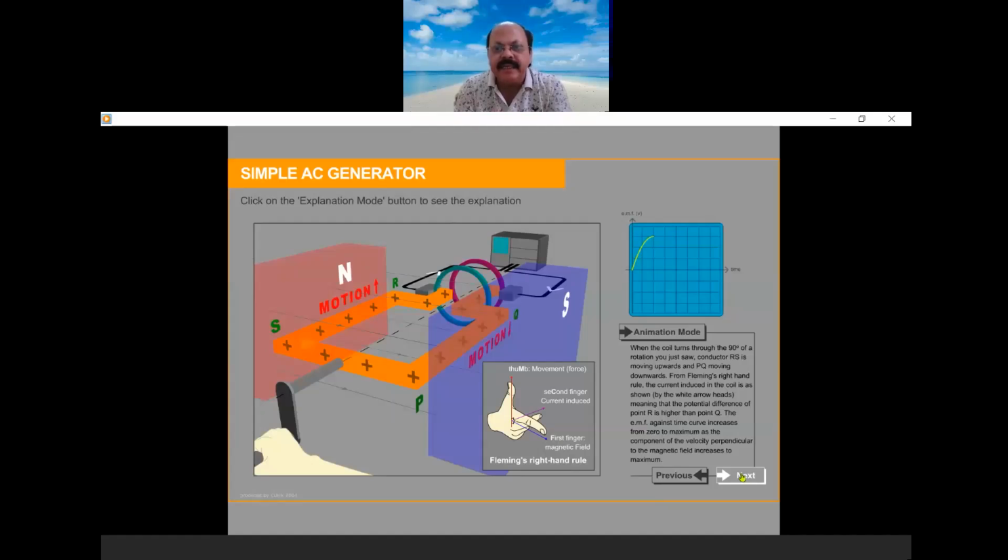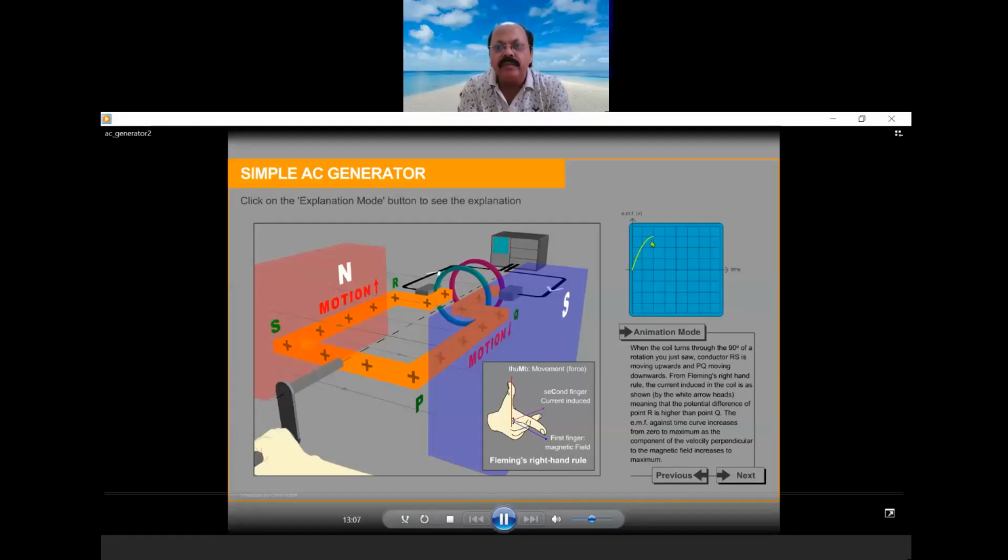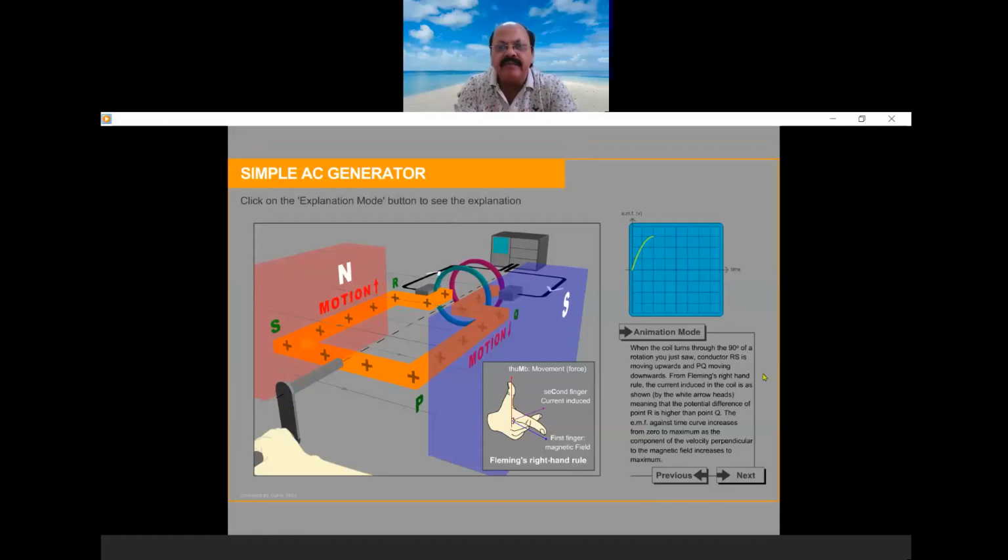Its meaning is that the potential of point R is higher than point Q, and the EMF against time curve increases from 0 to maximum, as you can see in the graph, as the component of the velocity perpendicular to the magnetic field increases to maximum.